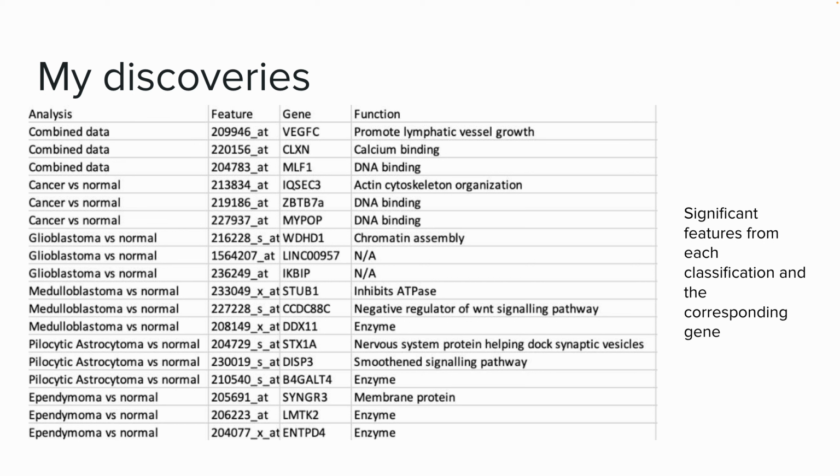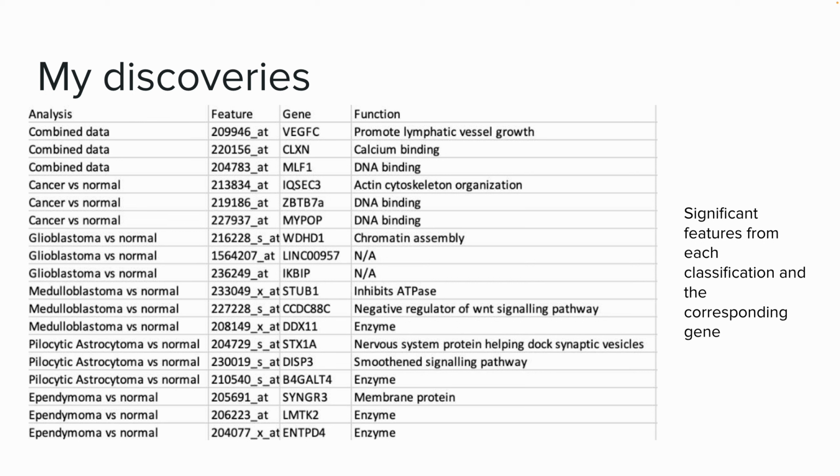And so the other part of the project that I did was I looked at all the combined data, so the 5 different cancer subtypes versus normal. I grouped all of the cancer subtypes into one cancer type and compared those to normal, and then did each individual cancer versus the non-tumor normal samples, the glioblastomas, the medulloblastomas, the pilocytic astrocytomas, and the ependymomas versus normal samples, and looked at each feature that was deemed significant in the random forest classification and mapped those back to which genes they were representative of based on the gene expression levels that were used.